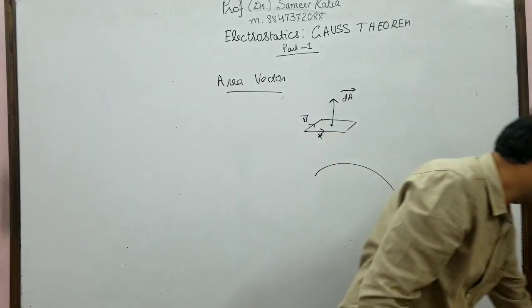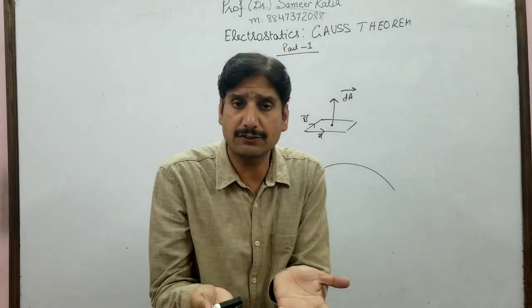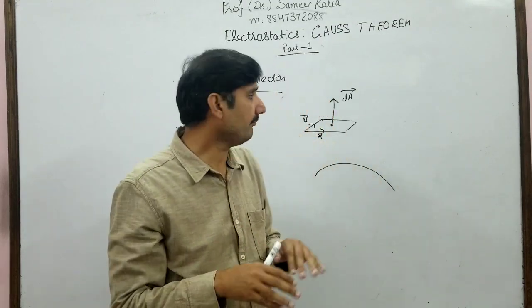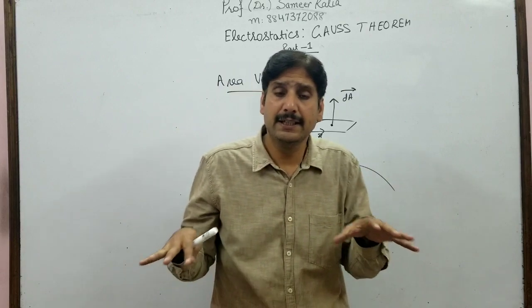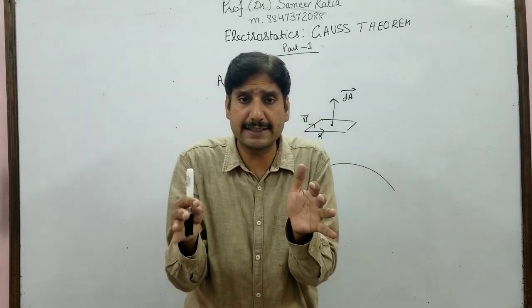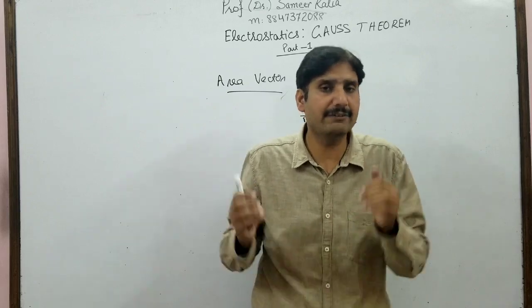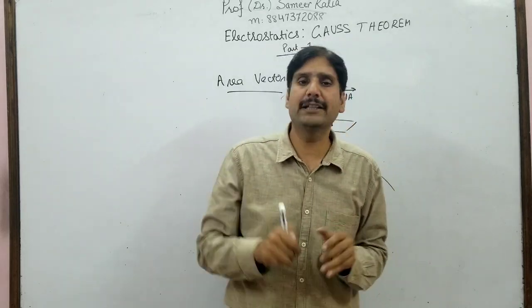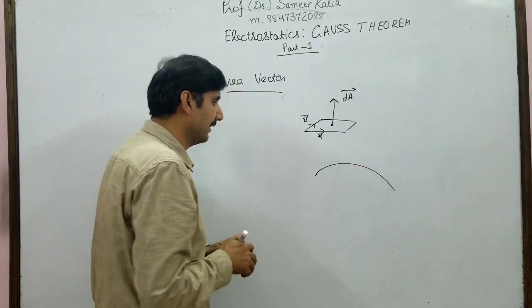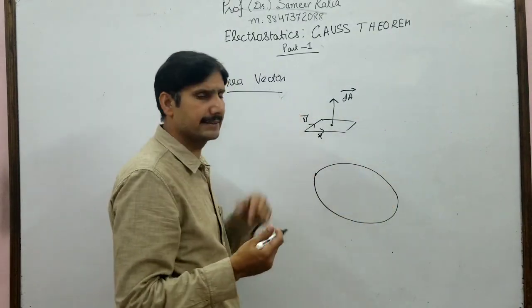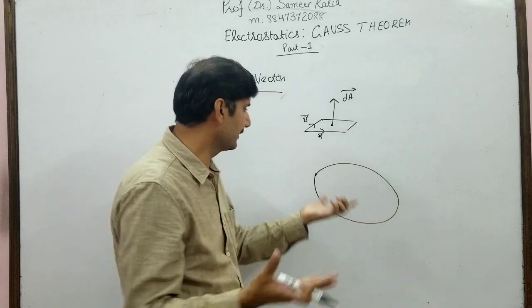So for a surface which is not planar in nature, its different portions can be divided into small sections, and each section will have its own area vector perpendicular to that particular section of the surface. For example, consider this as a ball.